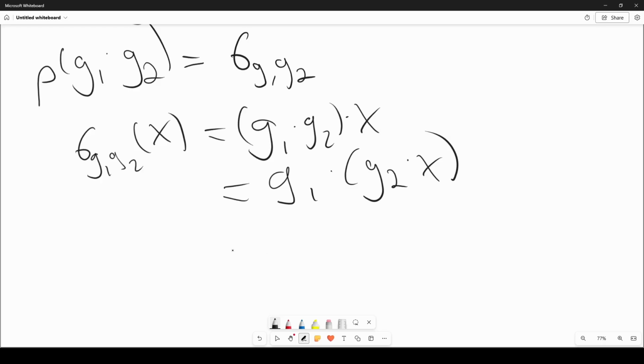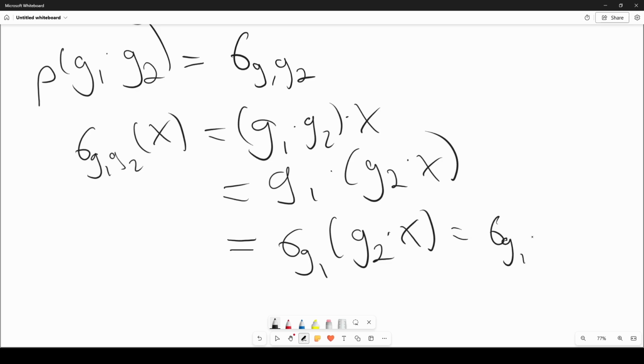But we know that this is really like saying sigma of g1 of g2 dotted x, but g2 dotted with x is the same as sigma g2. So this is really the same as sigma g1 of sigma g2 of x.